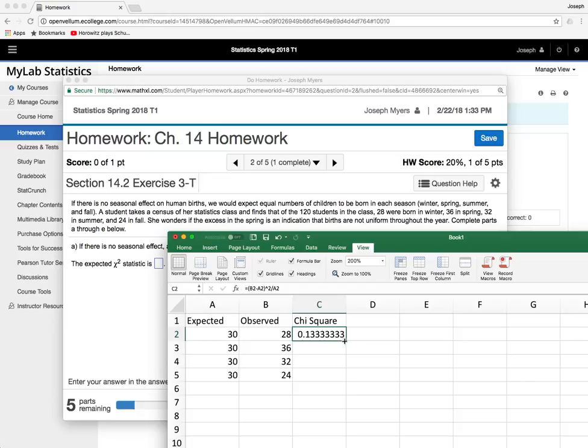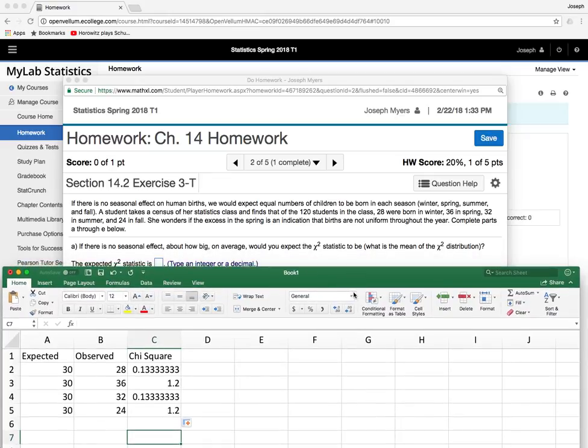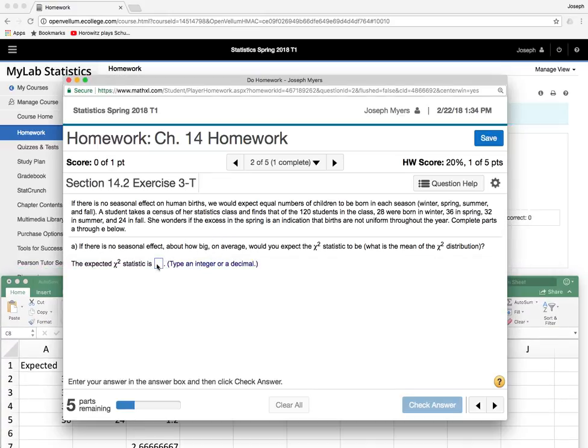And you do the same formula for all the numbers and then you add those numbers up. So there we go. 2.66, etc.